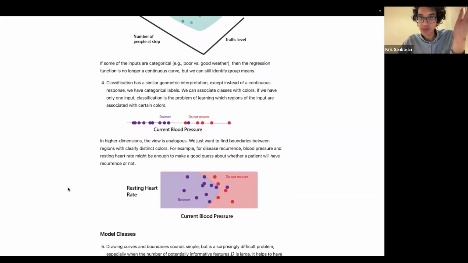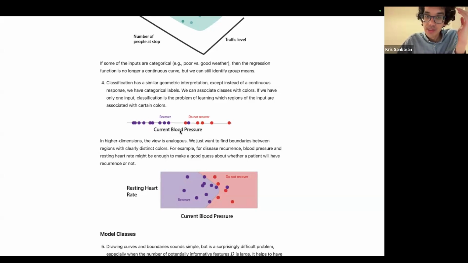You can also think about classification geometrically. So here you have just a categorical response, only two possible responses. Here it's purple and red. Right, so whether the patient is going to recover or not, maybe you have one feature that you're going to use to see whether they recover, right? If you only had their blood pressure at some initial test, and you're going to try to predict whether they're going to recover or not, maybe the people who have lower blood pressure tend to recover, and people with higher blood pressure don't recover.